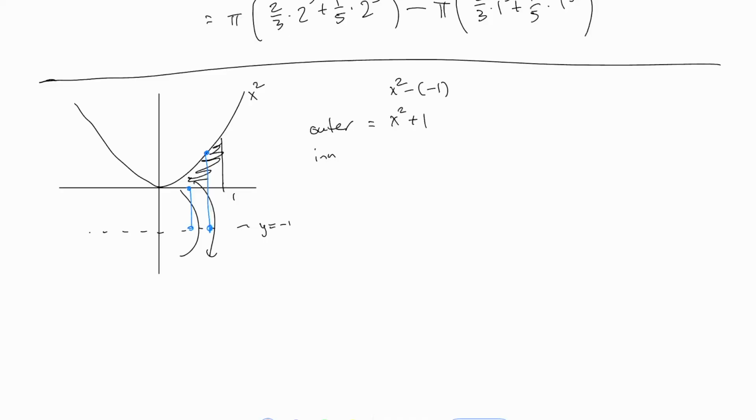And what about the inner? Just negative. Is it -1 or +1? It should be +1. It's a distance, right? If I was thinking this in the way that I usually would, I would say the top value is 0, and then I subtract the bottom value, which is -1. So 0 minus -1, in other words, 1.